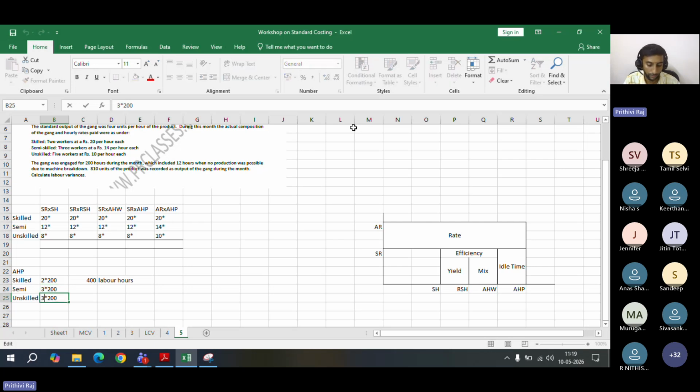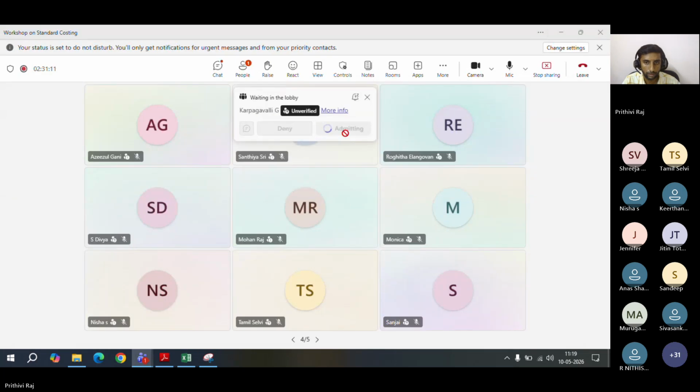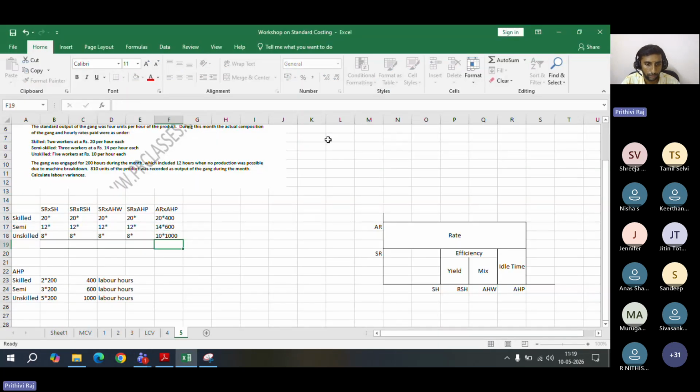Here it is 5, so 5 into 200, 1000 labor hours. Just put it in AHP: 400, 600, 1000.